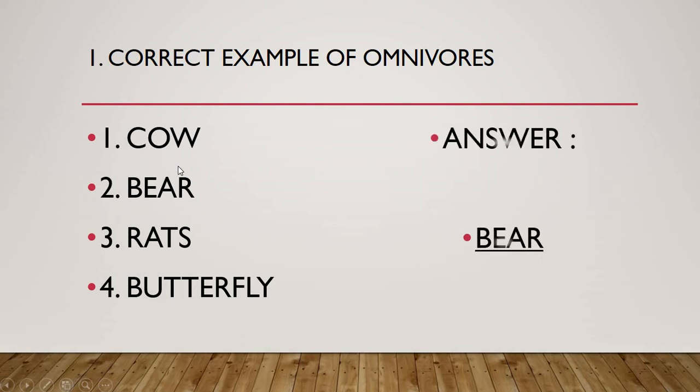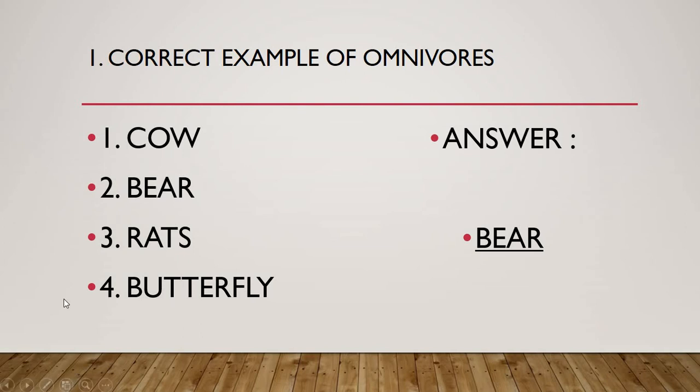So the correct answer is bear. Now omnivore, students, means the animals which eat flesh as well as plants. That means plants as well as the flesh of other animals. Those animals are omnivores.